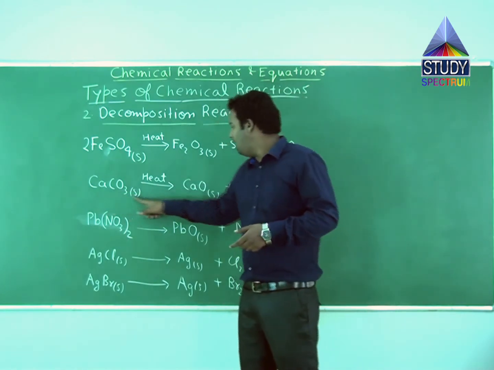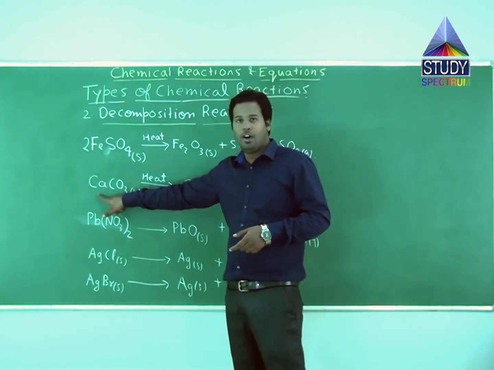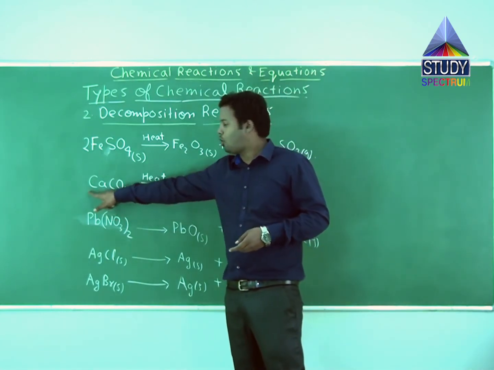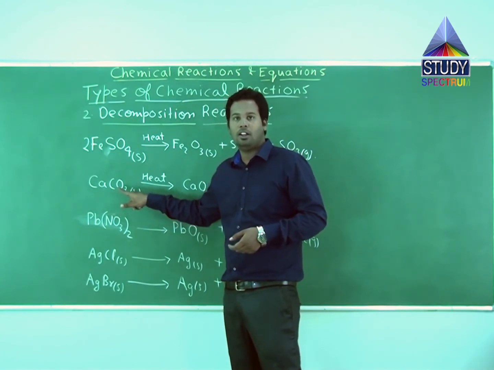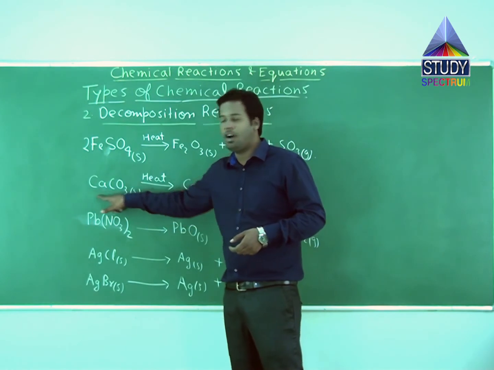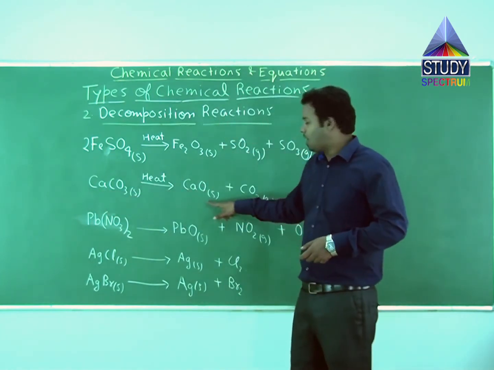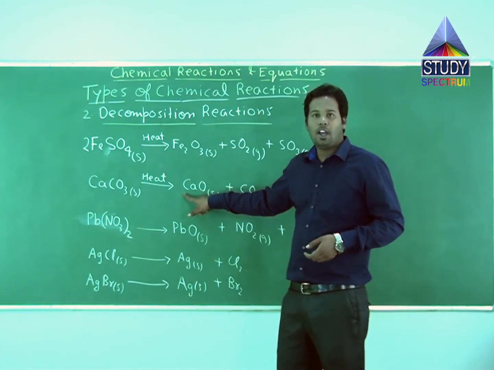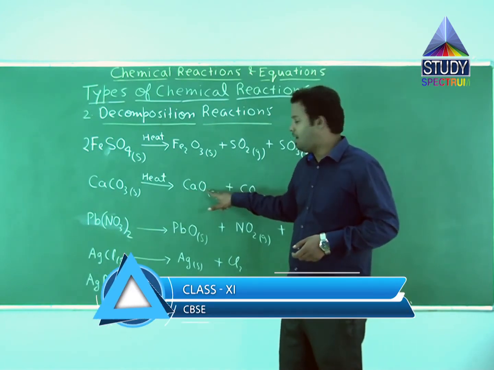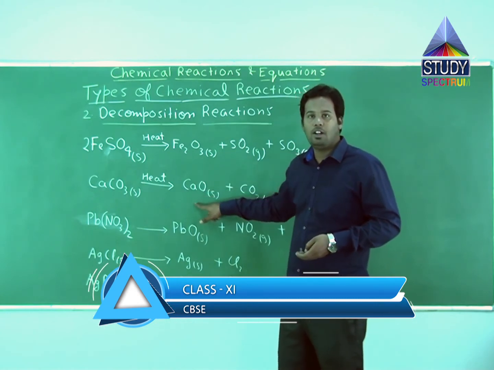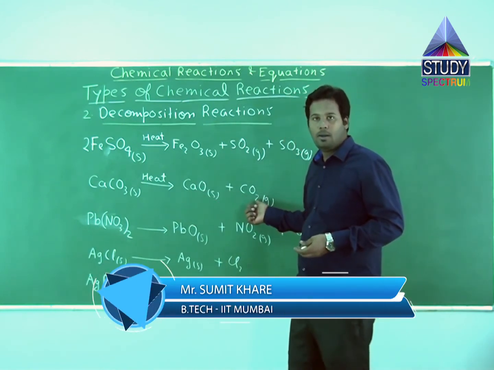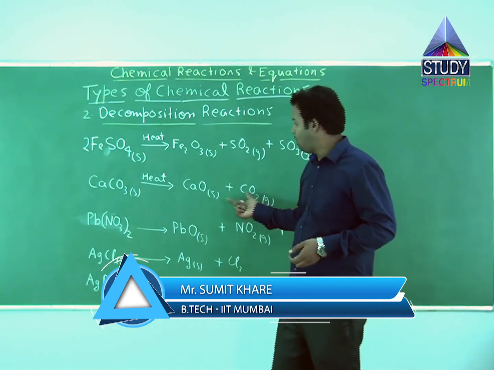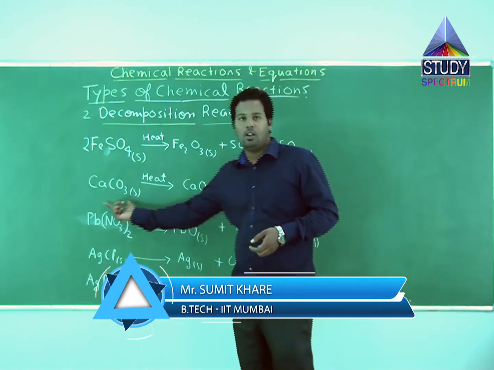Now if you try to balance this equation, you can see there is one calcium atom in LHS. Since the stoichiometric coefficient of CaCO3 is 1 and the suffix of Ca in this compound is also 1, the number of calcium atoms in LHS, this single reactant, is 1 into 1, which is 1. On the right hand side, in calcium oxide, the stoichiometric coefficient is 1 and the suffix is 1, so the number of calcium atoms in this product is 1, and since the second product does not contain any calcium, the number of calcium atoms in the right hand side is 1 and LHS is also 1.